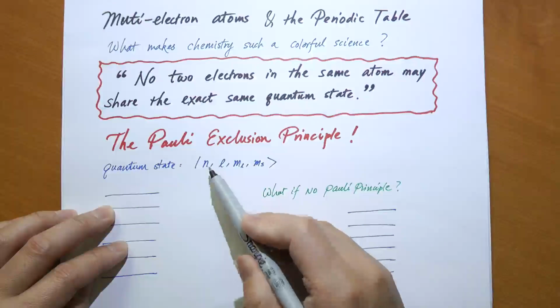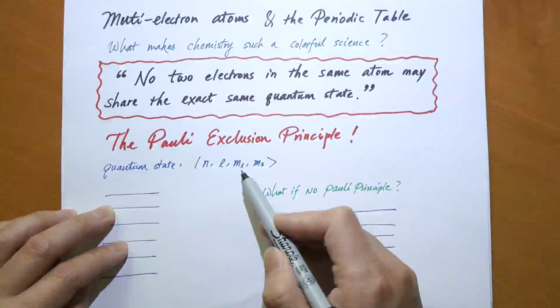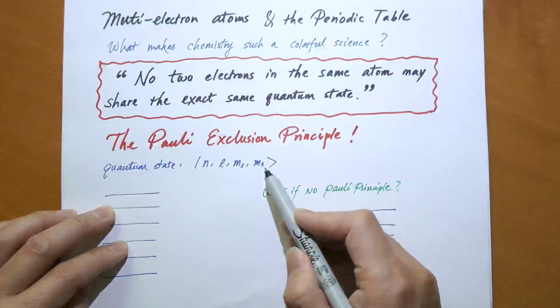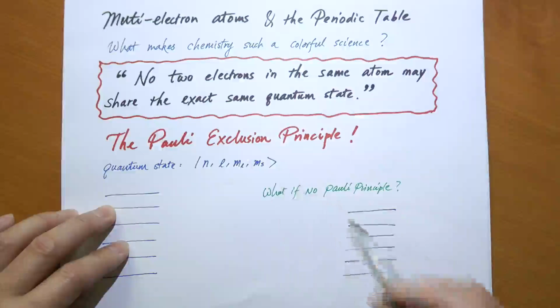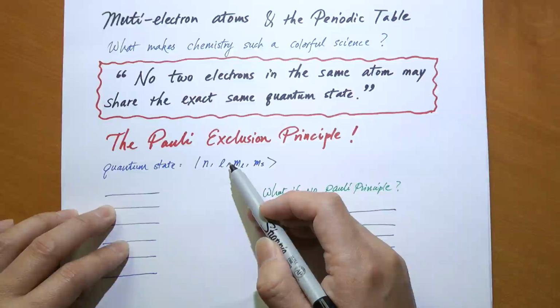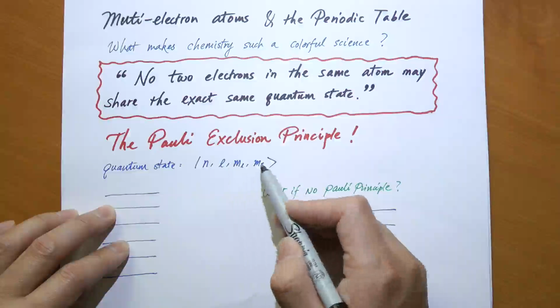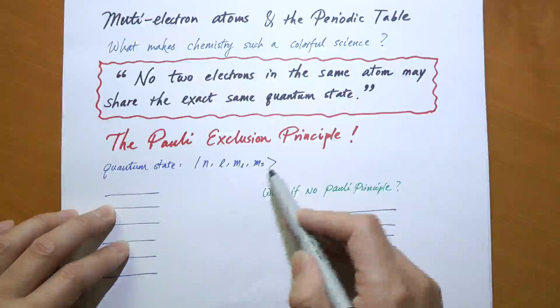This is the principal quantum number, the orbital quantum number, the z component of the orbital quantum number, and here's the z component of the spin quantum number for the electron, and so on. Suppose we use a set of quantum numbers to describe the state of an electron, then each electron must have a unique combination of these numbers.